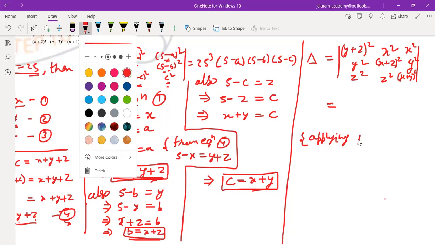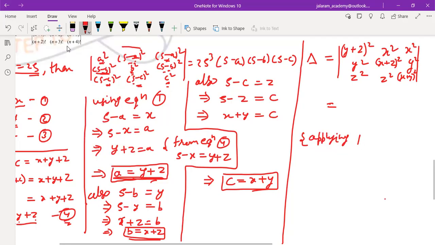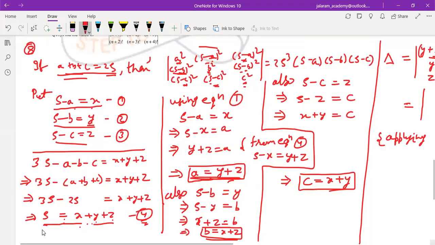It gives y plus z whole square minus x square, meaning its factors can be y plus z plus x into y plus z minus x, where y plus z plus x means x plus y plus z. And we know that x plus y plus z equals s from equation number 4.